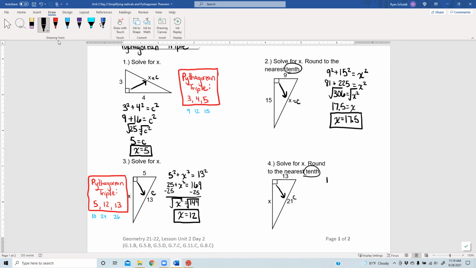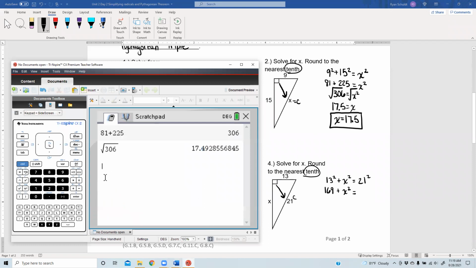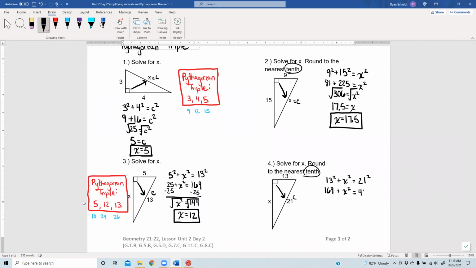We're going to have to say 13 squared plus x squared equals 21 squared. That means that 169 plus x squared equals, I think 21 squared is 441. Let me double check. Boom, shakalaka. 441.